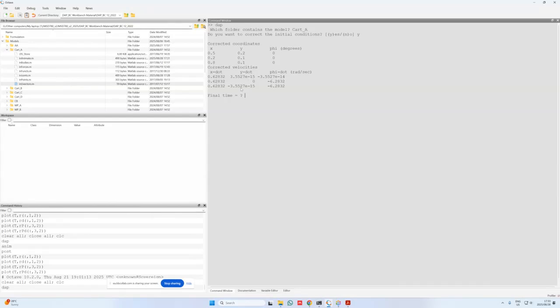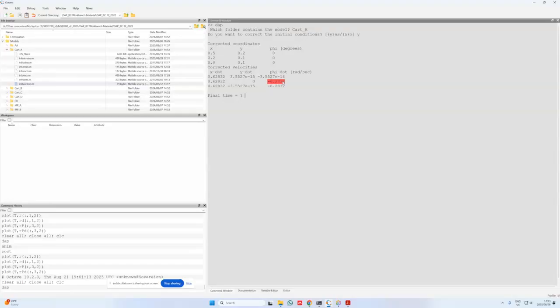And in addition to this, Y dot is 0. This we don't expect any of the bodies to actually move up or down. We simply expect them to translate then from left to right if we have some sort of a clockwise angular velocity being applied on the rear wheel. And then finally, phi dot, you'll also see for bodies 2 and 3.